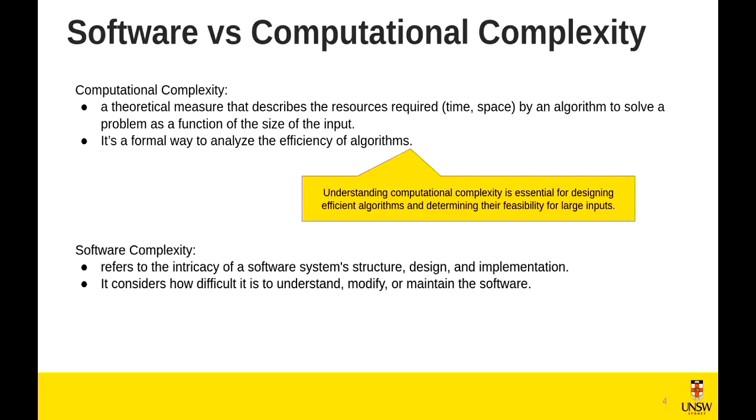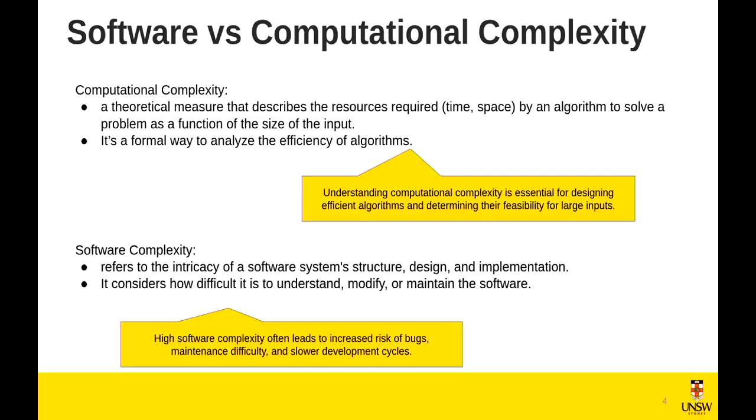Computational complexity is very rigorous and can be calculated with mathematical formulas, but software complexity is more subjective, depending on what we want to measure.